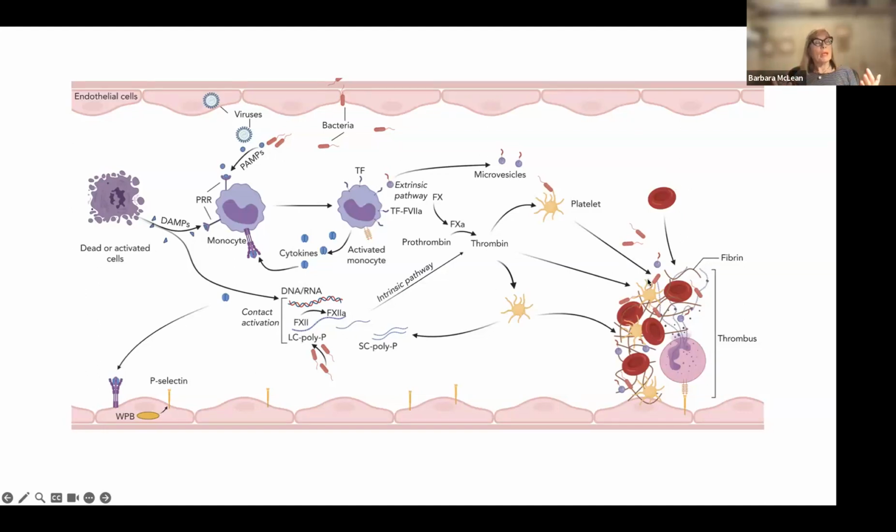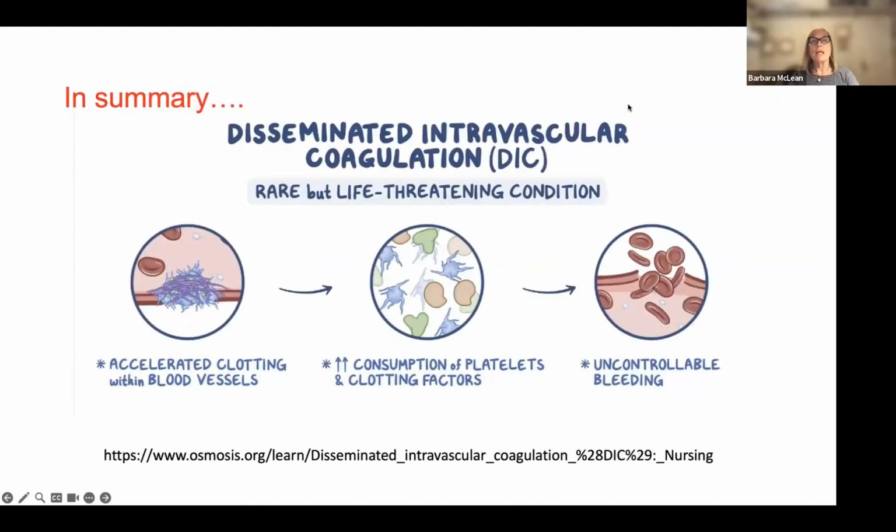So the really important thing for us to remember, because I think sometimes people have some issues with understanding this, is that this is both a procoagulant and a profibrinolytic disorder, all at the same time, making clots, dissolving them, making clots, dissolving them. That's why our patient bleeds. And that's also why he has all those microclots. That's really the extraordinary underpinning of DIC.